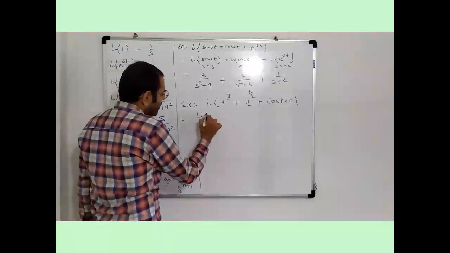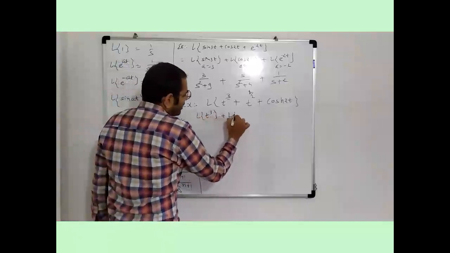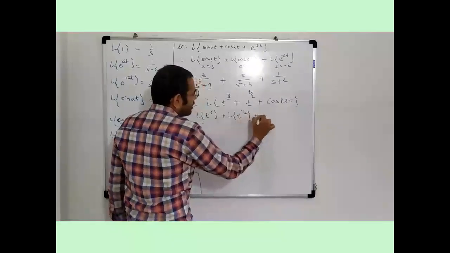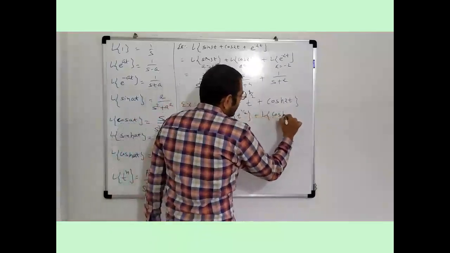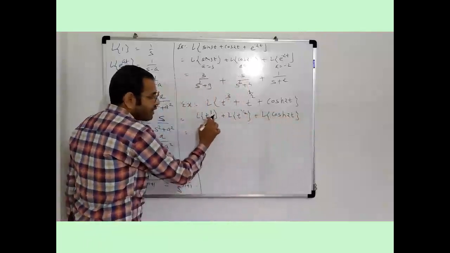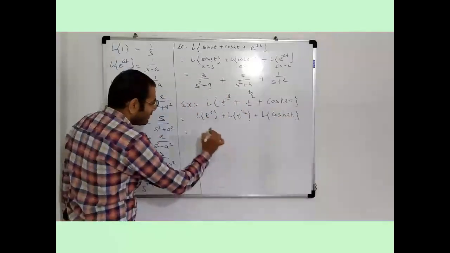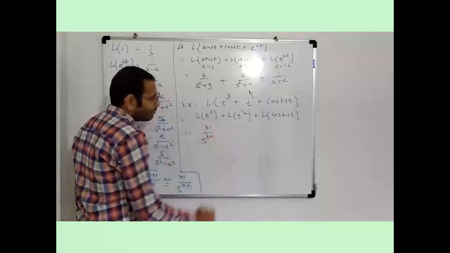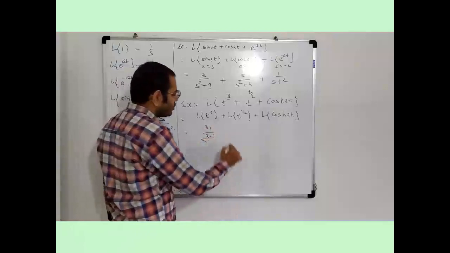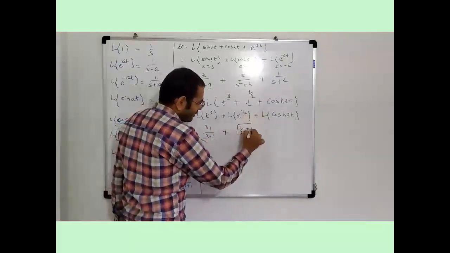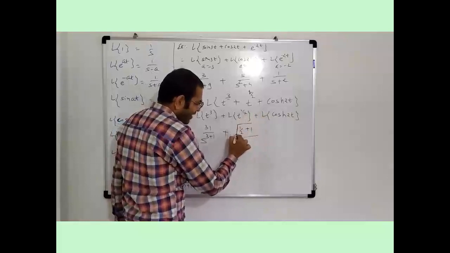First we take the individual Laplace: Laplace of t raised to 3, plus Laplace of t raised to 1/2, plus Laplace of cos hyperbolic 2t. In the first term, n is 3, so n factorial upon s raised to n plus 1 means 3 factorial upon s raised to 3 plus 1. In the second term, we use gamma n plus 1, and that is not a square root.